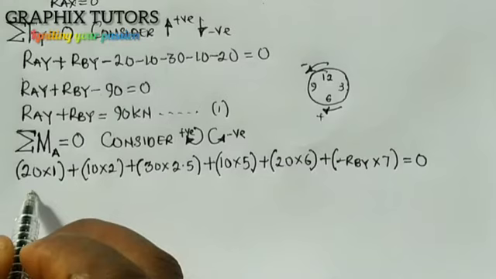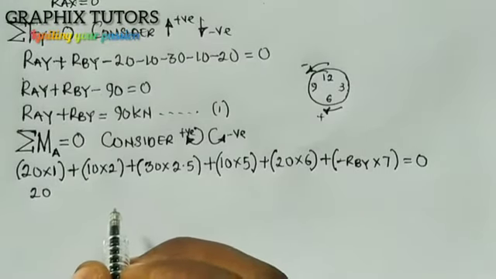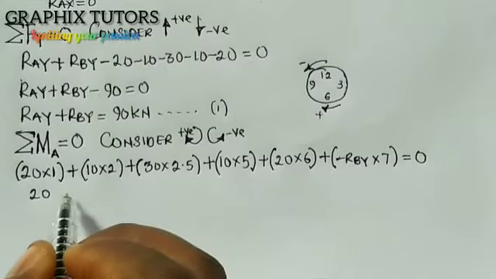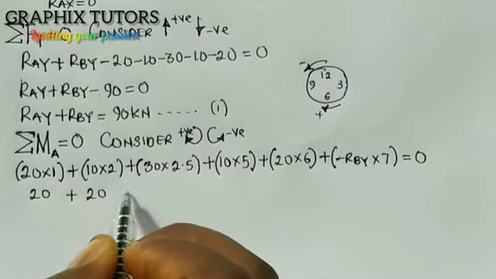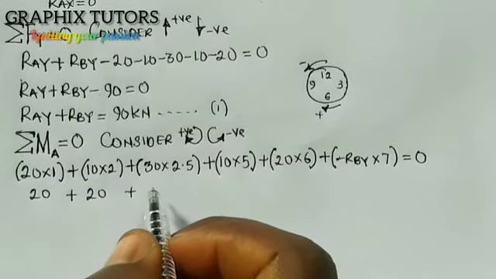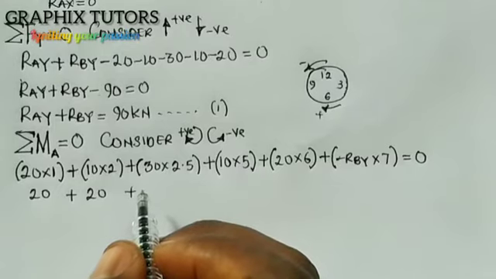20 times 1 is 20, right? 20 times 1 there is what? 20, plus 2 times 10 is what? 20, plus 2.5 times 3.5 times 30 is what?